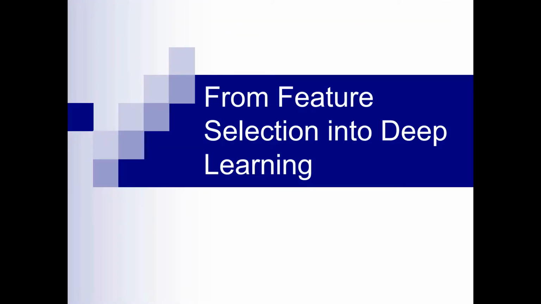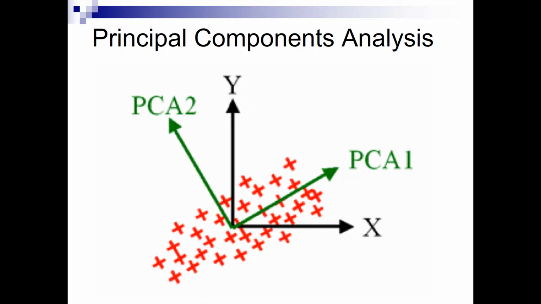Okay, so we are bridging from what we talked about last time regarding feature selection, and that's going to prepare us for thinking about concepts in deep learning. So let's look at this representation of a data set that you can see on your slide. These red pluses are data points. In this particular case, you see them in a two-dimensional space.